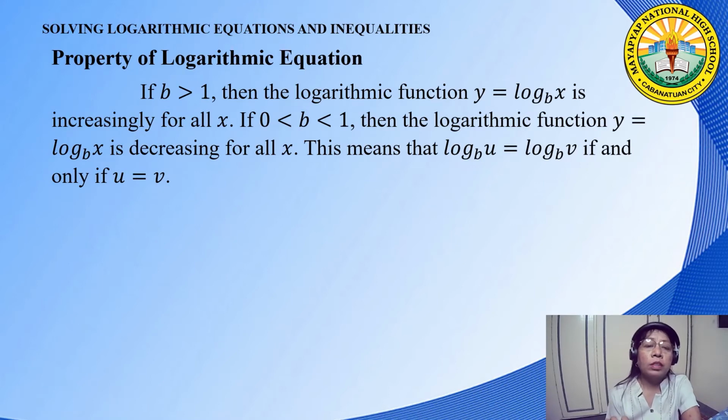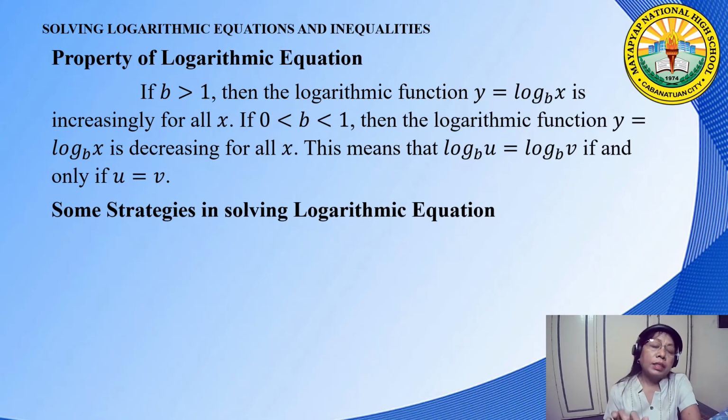If 0 is less than b less than 1, then the logarithmic function y equals logarithm of x to the base b is decreasing for all values of x. This means that logarithm of u to the base b equals logarithm of v to the base b if and only if u is equal to v.